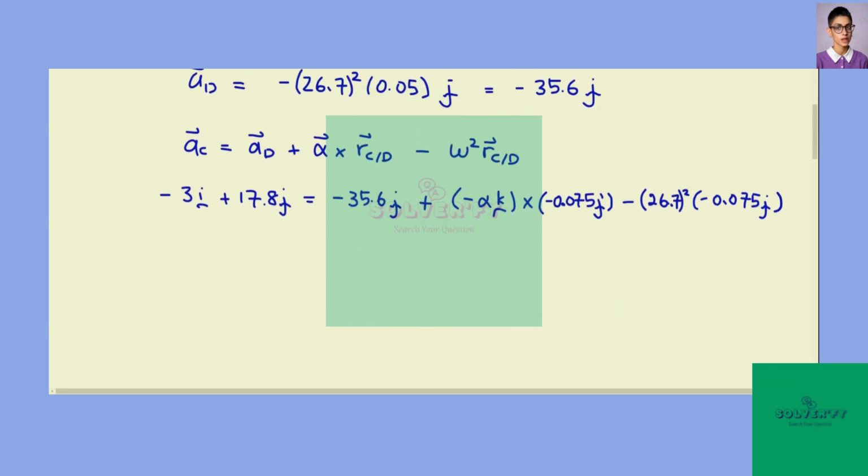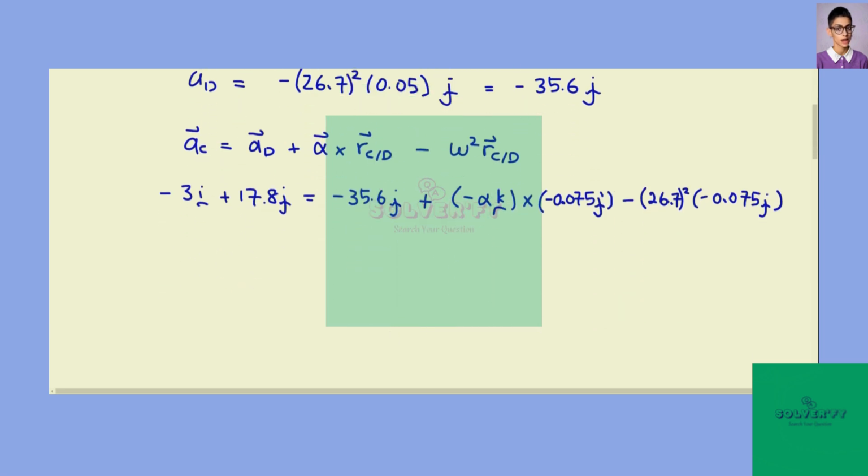So to continue, minus 3i plus 17.8j is equal to minus 35.6j minus 0.075 alpha i plus 53.3j.